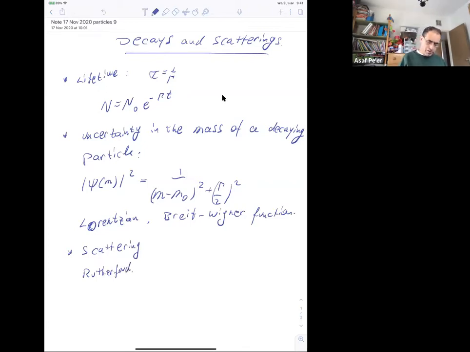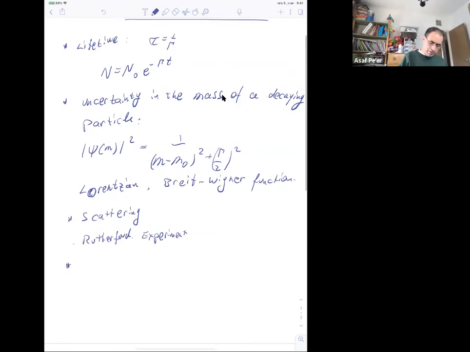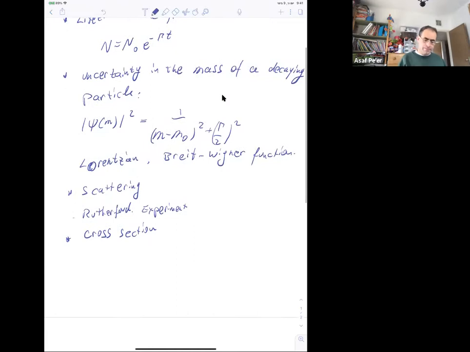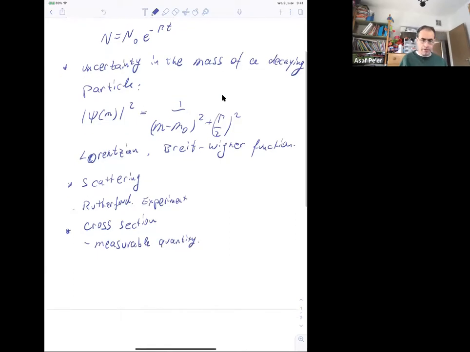And we introduced the concept of a cross-section, which is a measurable quantity and has dimensions of area. And of course, most importantly, we can calculate it theoretically. So this is a way of connecting the theory and the experiments.